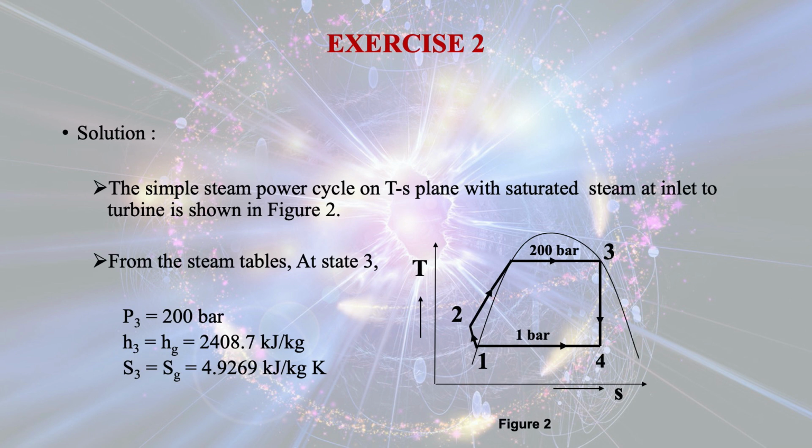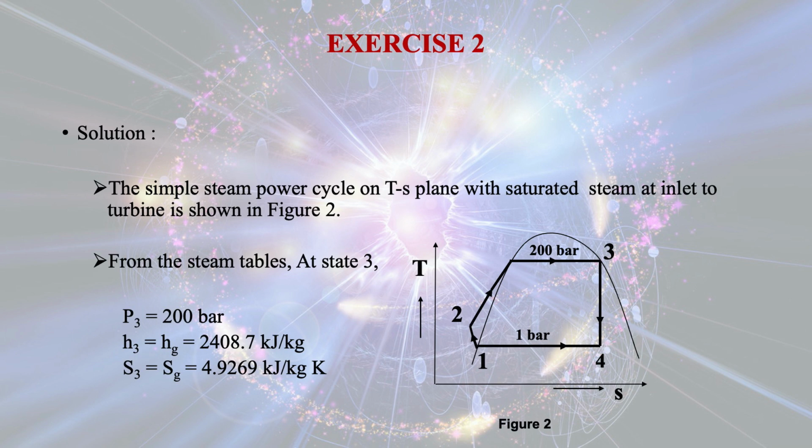Point 3 is the entry point of the turbine and point 4 is the exit point of the turbine, which is also the entrance of the condenser, and point 1 for this particular problem is the exit of the condenser, that is also the entry point of the pump.